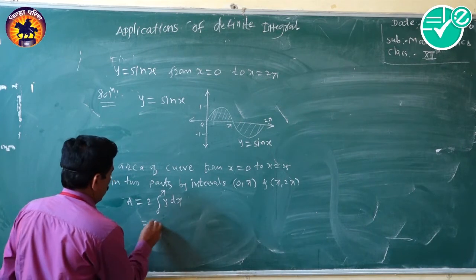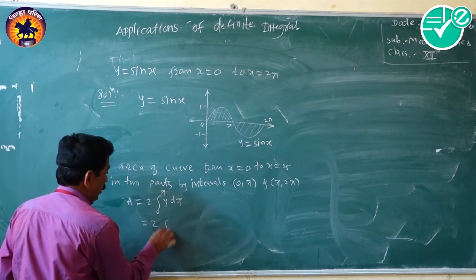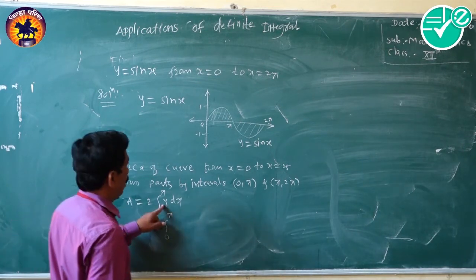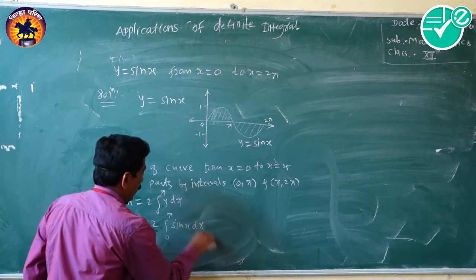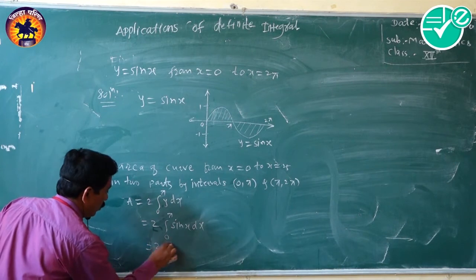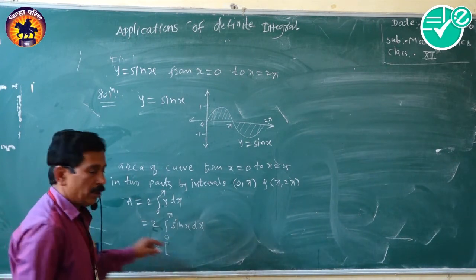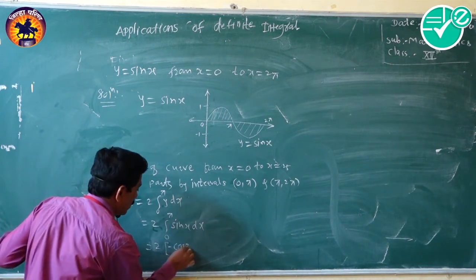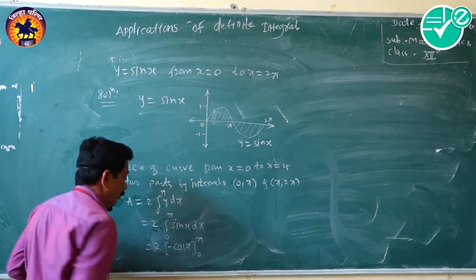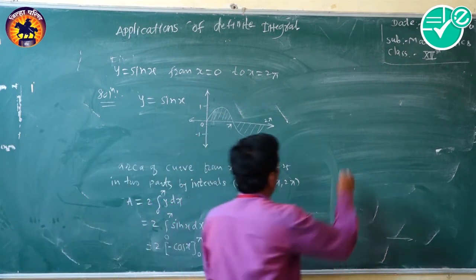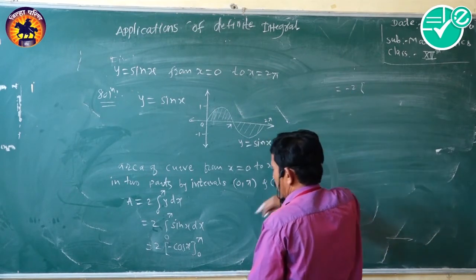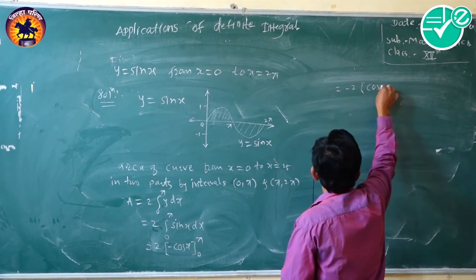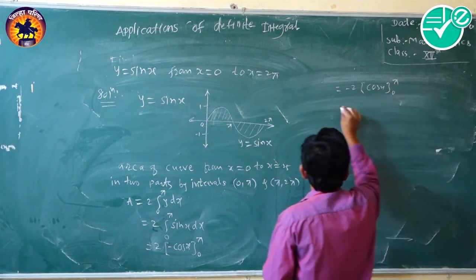Therefore, this is equal to 2 into the integral from 0 to pi. Now, the value of y is sin x, dx. This is equal to 2, as it is, integration of sin x, which is minus cos x, from 0 to pi. Therefore, this is equal to minus 2 into cos x from 0 to pi.